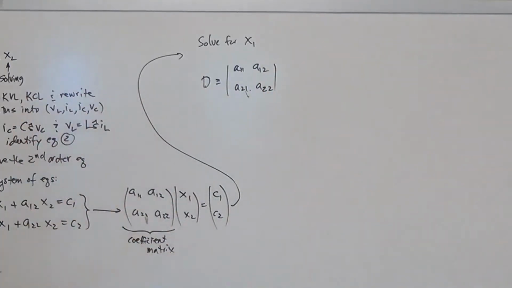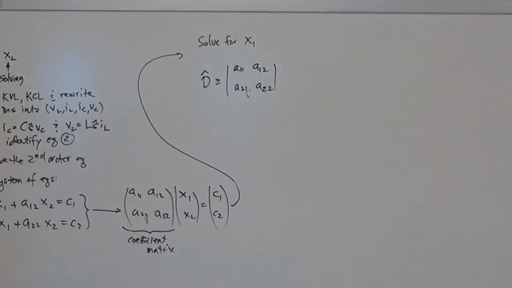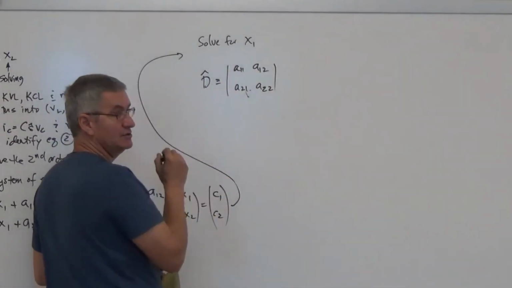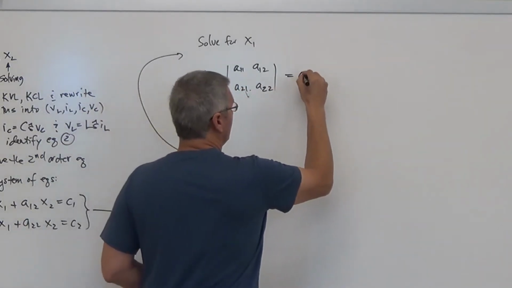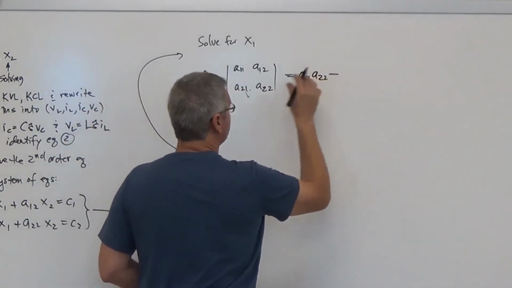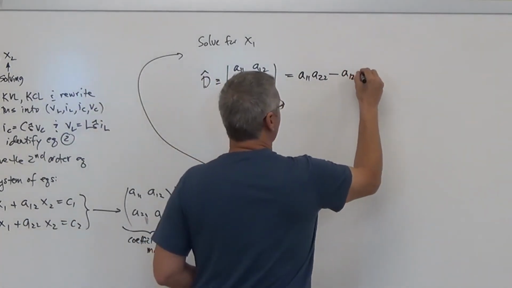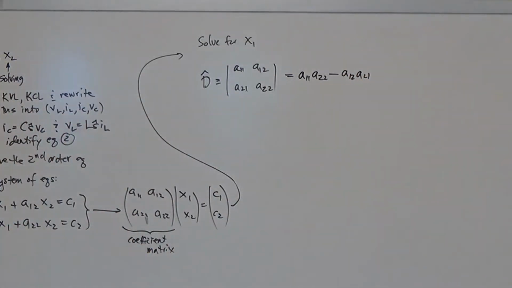So that D is actually an operator matrix. The way we calculate a determinant like this is we cross: we multiply A11 times A22, and then we subtract as we go the opposite direction, A12 times A21. That's how you would take a determinant of a matrix like this.